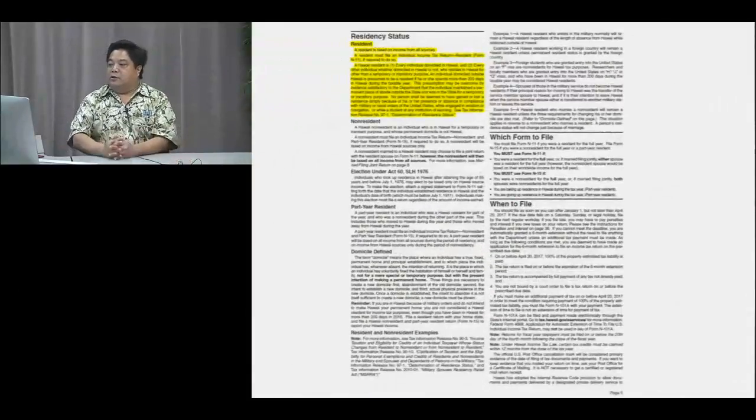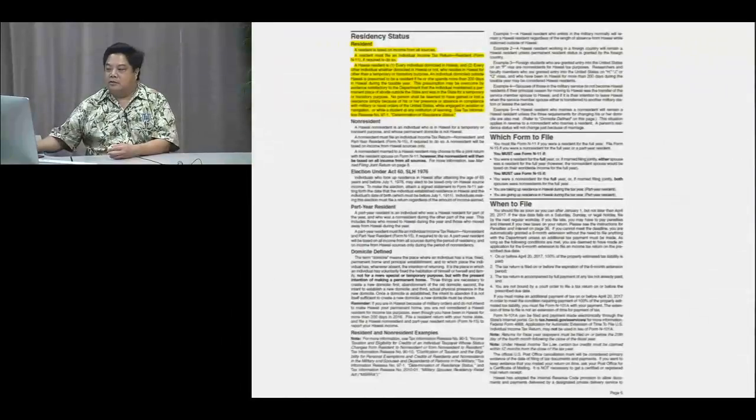Okay, so on page 5 of the instruction, if you see it, the screen on yellow, once you get the instruction, you'll see how they define resident on page 5, top left corner.